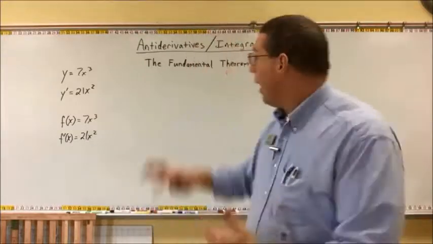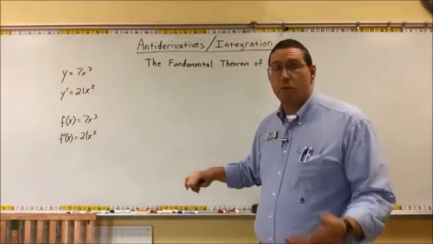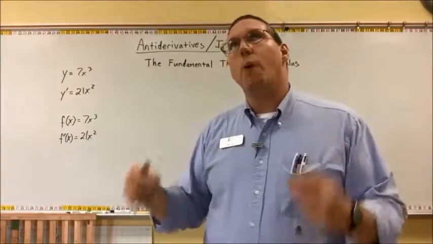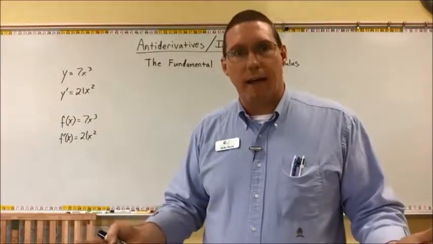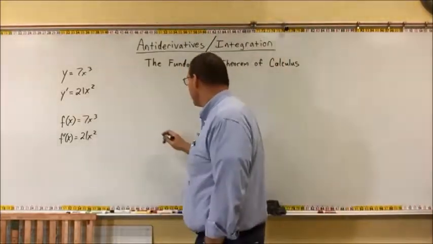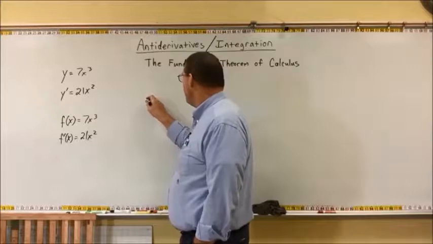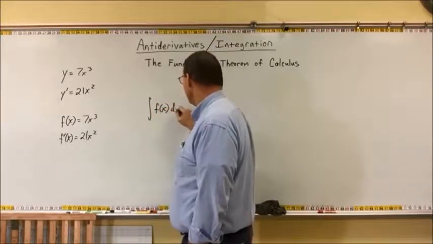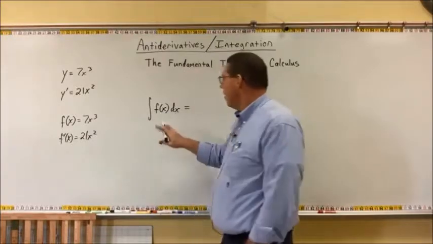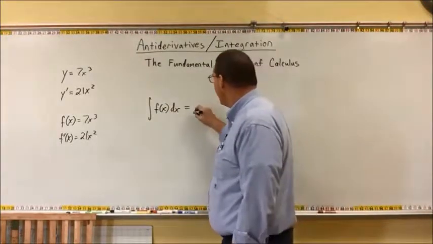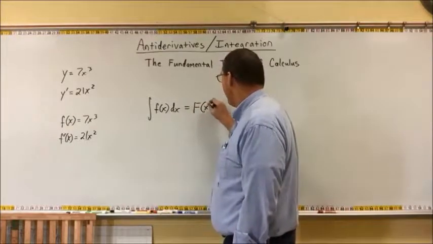Now, we're talking about antiderivatives, so I need to show you a common way of communicating an antiderivative within mathematics. What a lot of people will say is that if you integrate the function f of x with respect to x, then whatever the antiderivative is, we call it capital F of x.